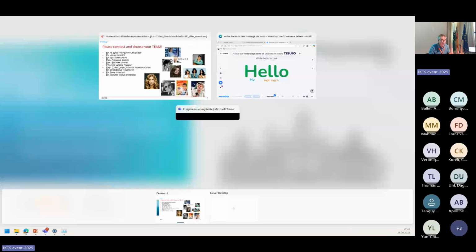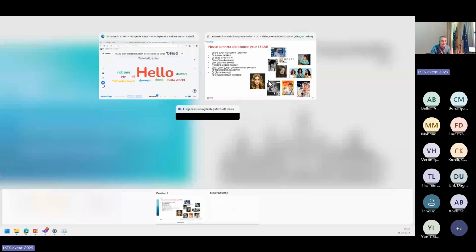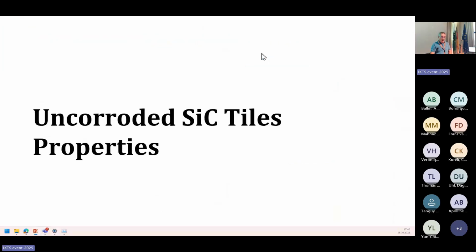I prepared for a long time this exercise, but it is not so easy now. Thank you, it works. I don't know why, but nevertheless, it works.